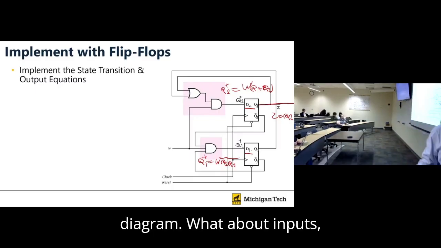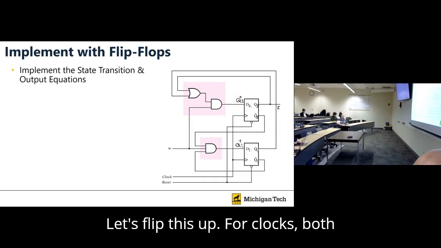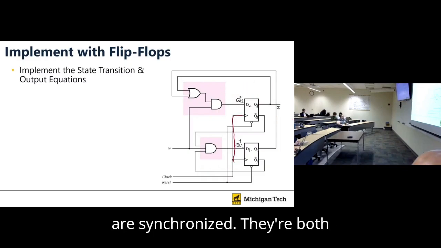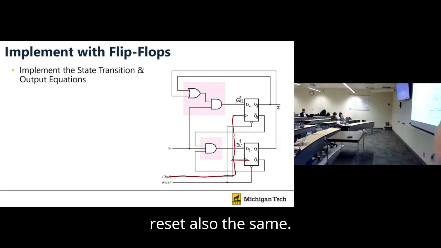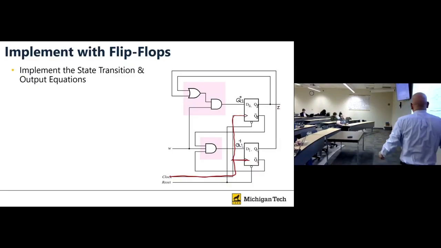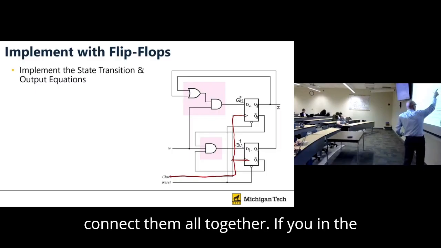What about other inputs, clocks? Let's clean this up. For clock, both are synchronized. They both connect to the same clock. And for reset, also the same, because reset is 0, 0, so we connect them all together.